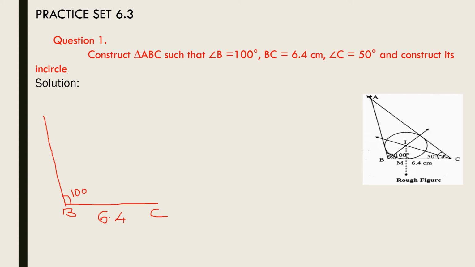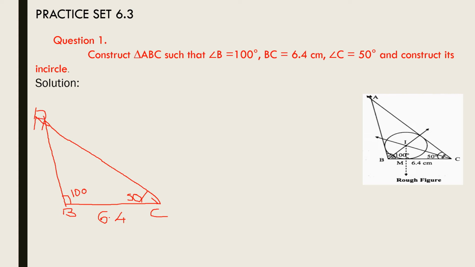Draw the ray. Here it is 50 degree. This is the angle measure. These two rays are intersecting at the point A. This is your triangle ABC.